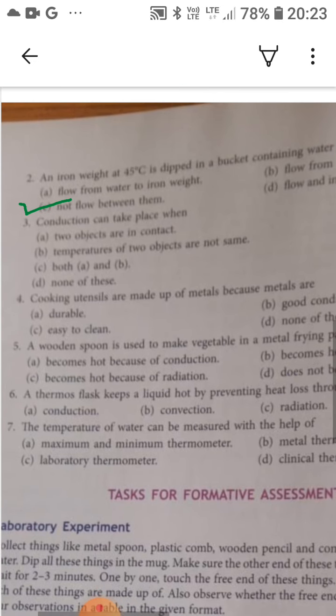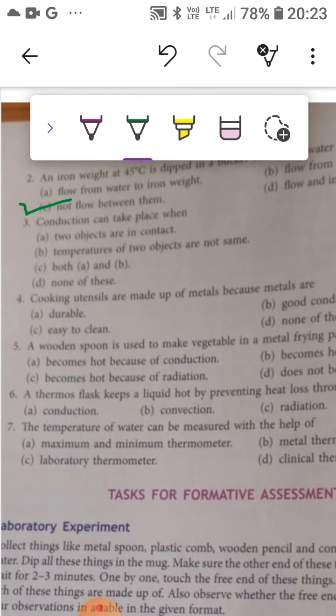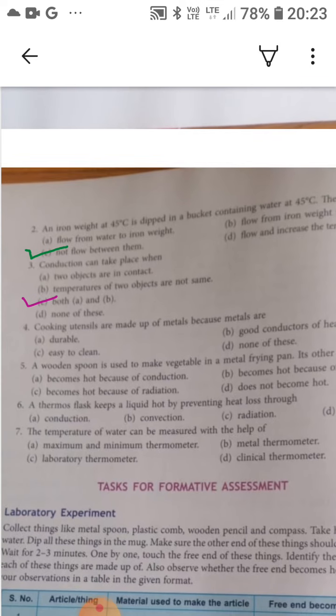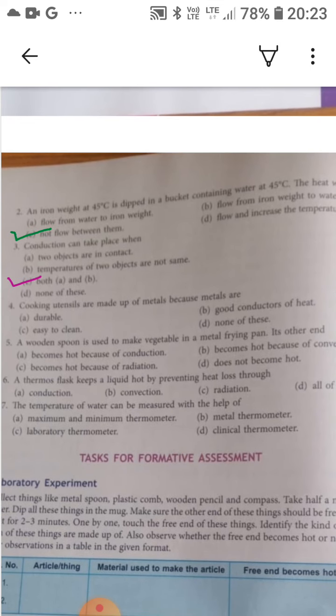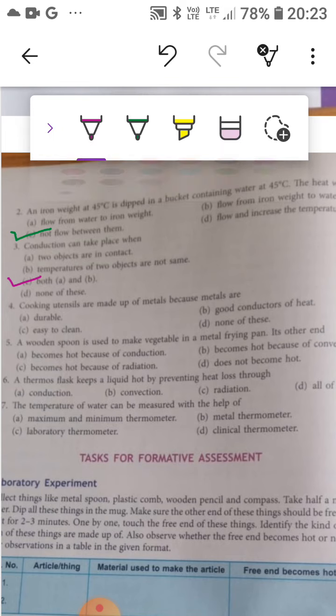Now conduction takes place when two objects are in contact. Temperature of two objects are not same, so both A and B. So option C for 3. Now the 4, cooking utensils are made of metals because metals are good conductor of heat.